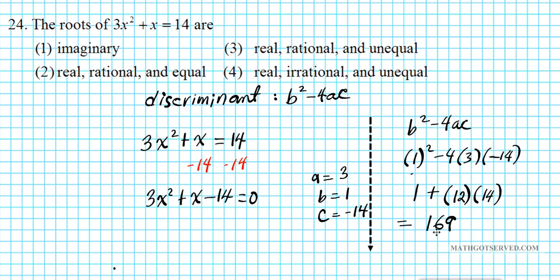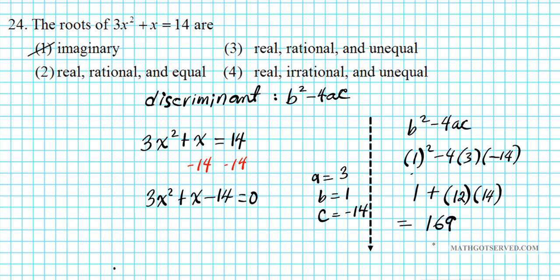Now just looking at this number, we can predict the nature of the roots of this quadratic. First of all, if it's negative, then it's going to be imaginary. Is this number negative? No, so it cannot be imaginary. So it's real. Now, if this number is not a perfect square, then the roots are going to be irrational.